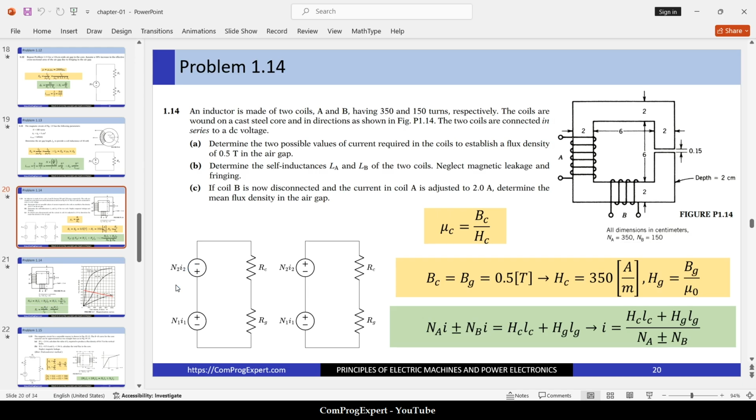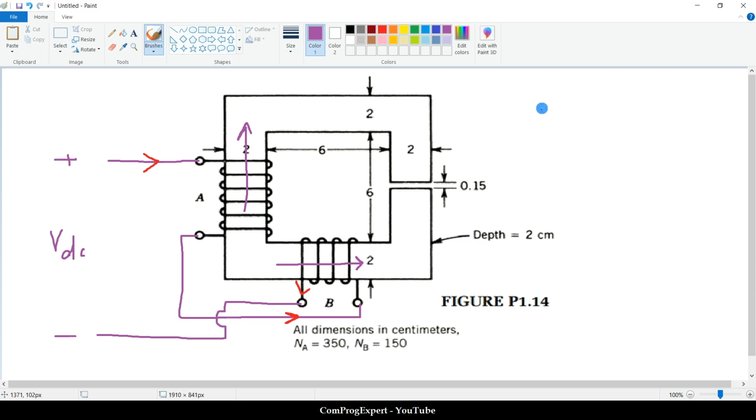Okay, so in this case, the integral H core L core plus H gap L gap is equal to NAI minus NBI.